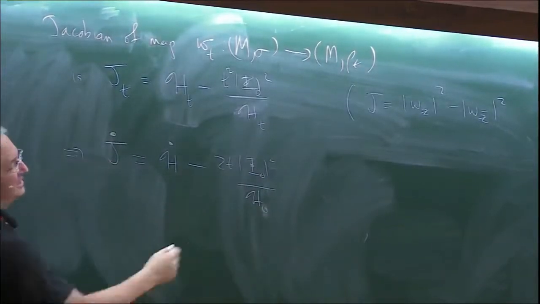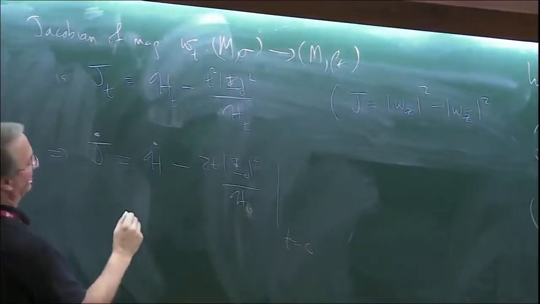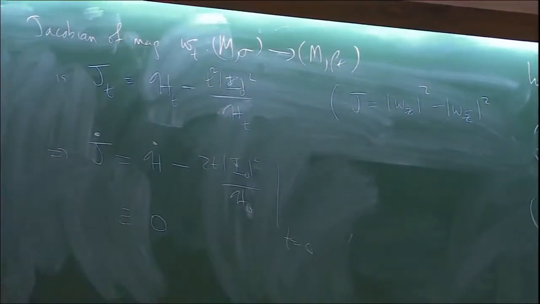Got to take the derivative on the t. It doesn't matter because I'm at t equals 0. And so what I find is that the Jacobian vanishes identically to first order. To first order along this family of harmonic maps, you don't see a change in hyperbolic area density.